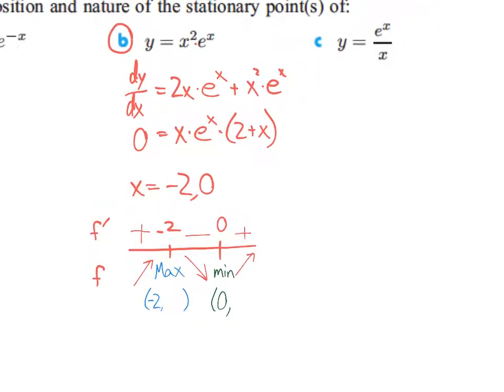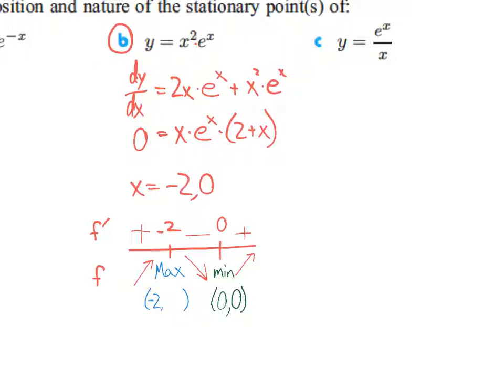I plug these into the original function. I'm trying to find points. Points come from the original function. So if I plug in a 0, I have 0 times 1, which is 0. So my origin is actually the minimum point on this graph.